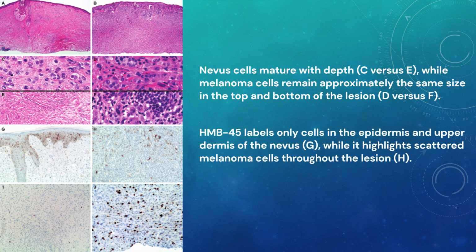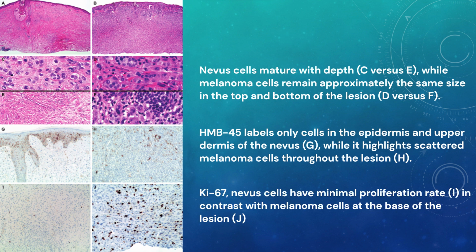HMB45 labels only cells in the epidermis and upper dermis of the nevus in this picture, while it highlights scattered melanoma cells throughout the lesion in the melanoma. With Ki67, nevus cells have a minimal proliferation rate. In contrast, the melanoma cells show a high proliferation rate.